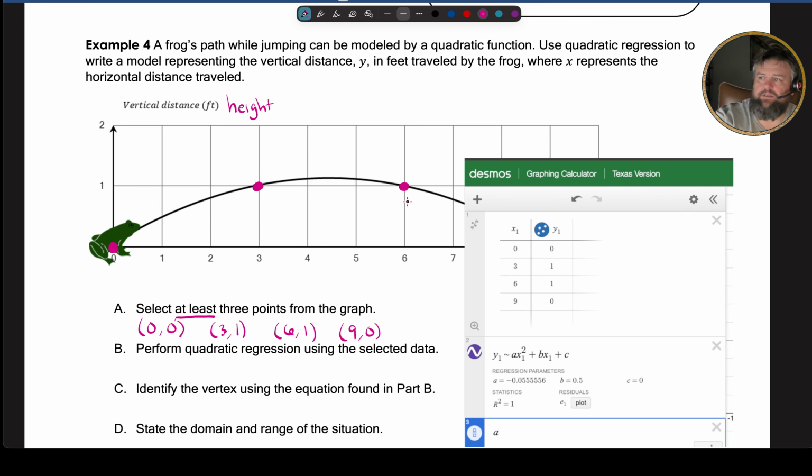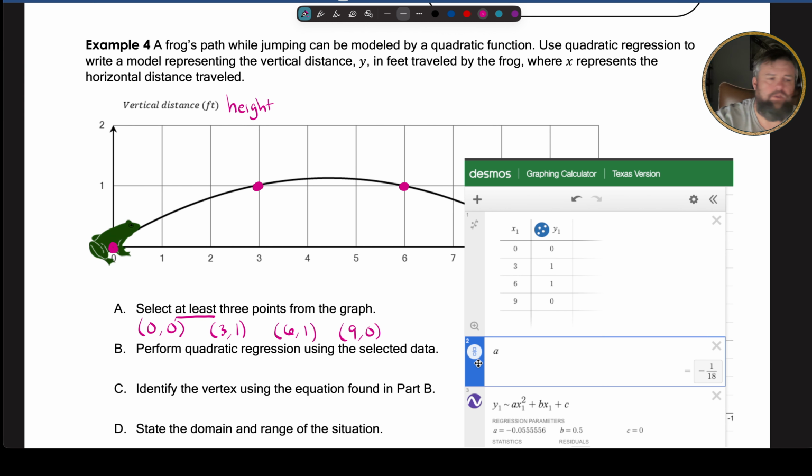I could actually just do it this way. I'm going to pull this up one row. There we go. So a is negative 1/18, which is a little bit easier. And then b is 0.5, so I can convert that to a fraction as well.